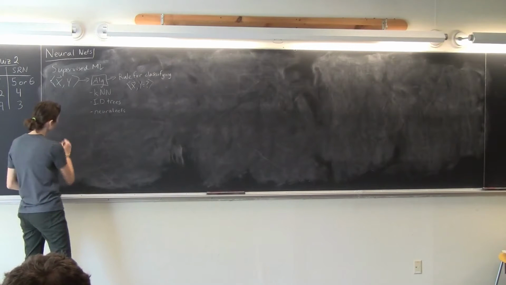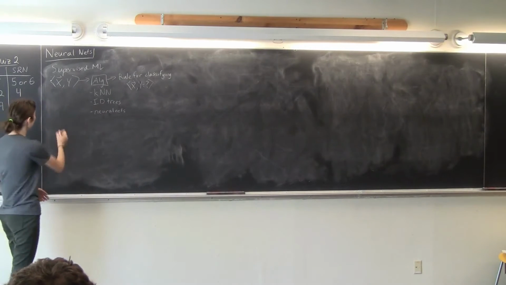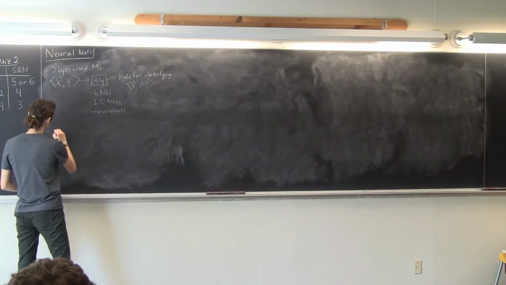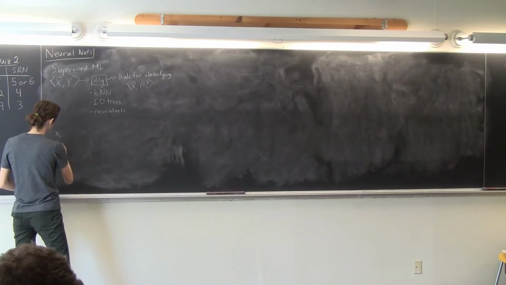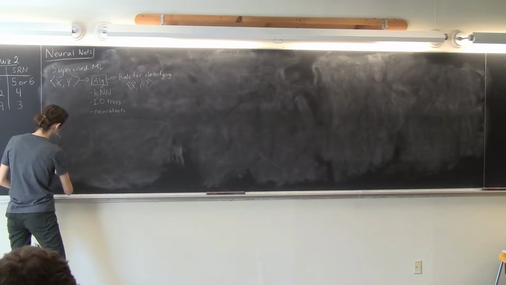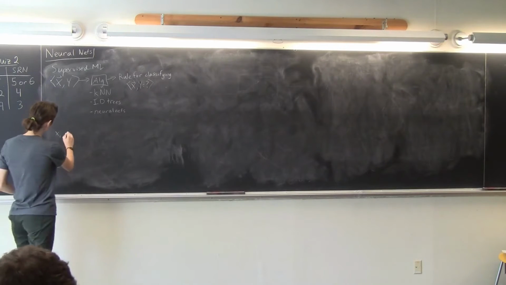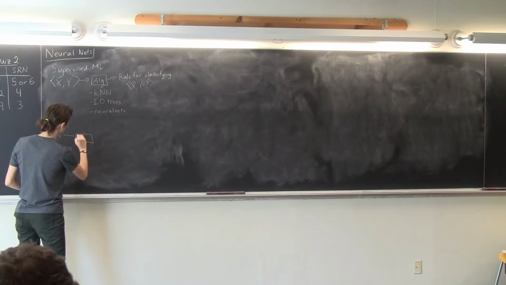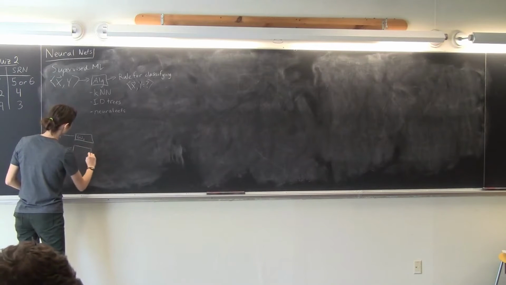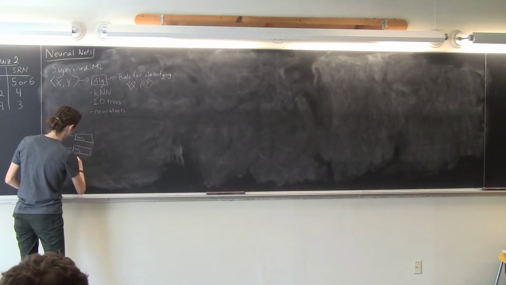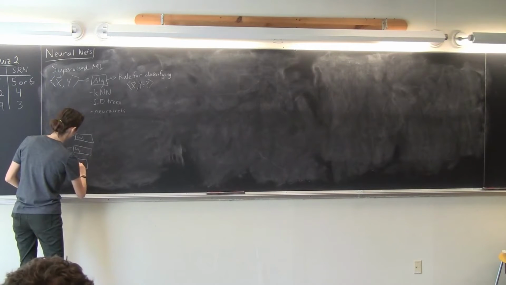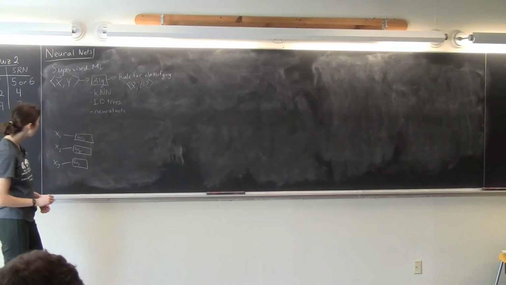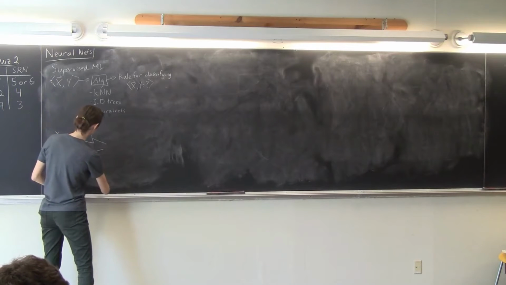Let's say that we have 3 inputs that we'll call x1, x2, and x3. Each of these inputs will go along a wire and be multiplied by a weight. So we'll have weight 1, 2, 3. And then these will all go into a summation box and get added together.